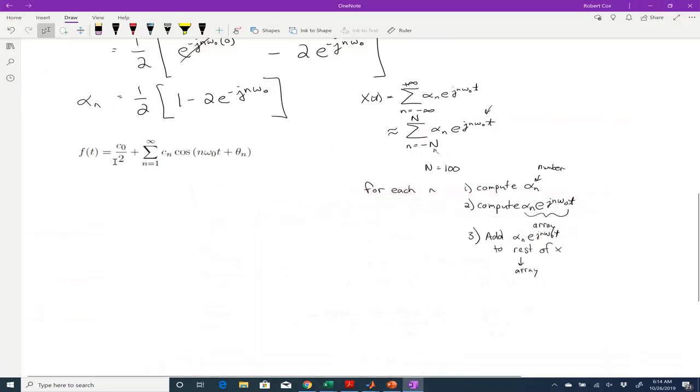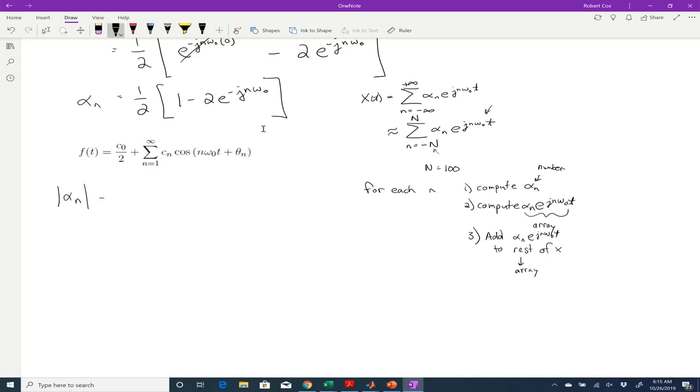All right, so previously, this was our alpha n right here. If that's the case, that is a complex number, so I should be able to determine the magnitude of that complex number.